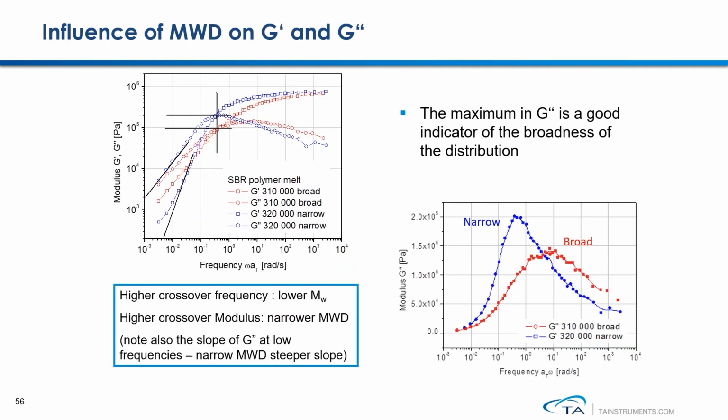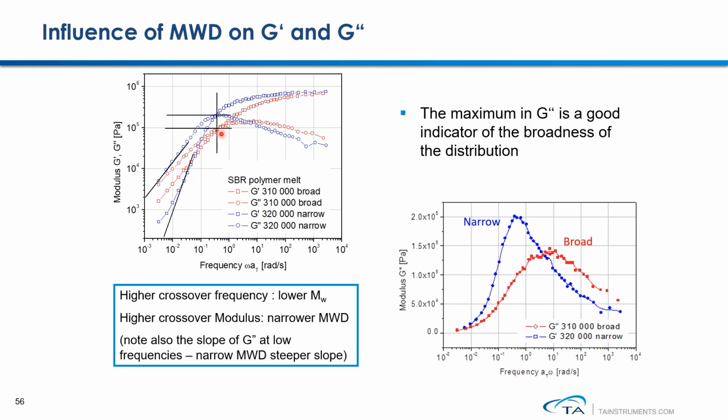As we have just discussed, in the frequency sweep results, the G', G" crossover frequency is sensitive to a polymer's molecular weight. Now look at these test results. These two polymers show the G', G" crossover at almost the same frequency. This tells you that these two polymers have about the same molecular weight. But the difference is observed in their G crossover modulus.